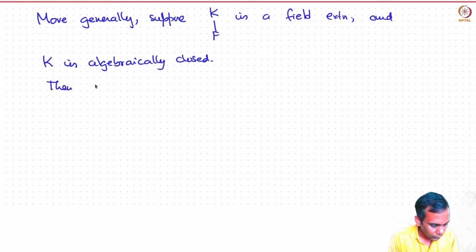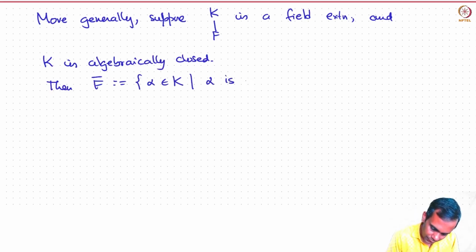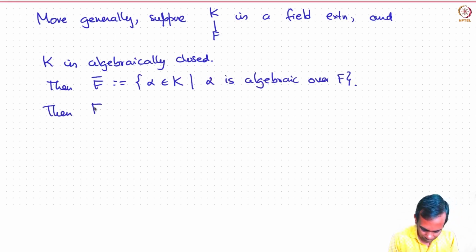Then you take F bar to be the set of alpha in K such that alpha is algebraic over F. Then F bar is algebraically closed.